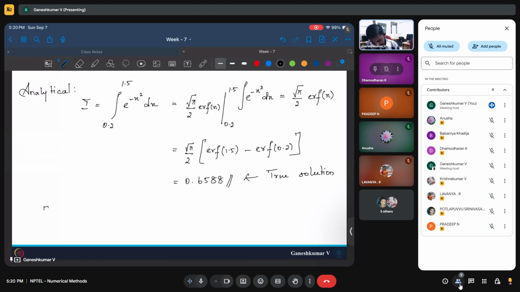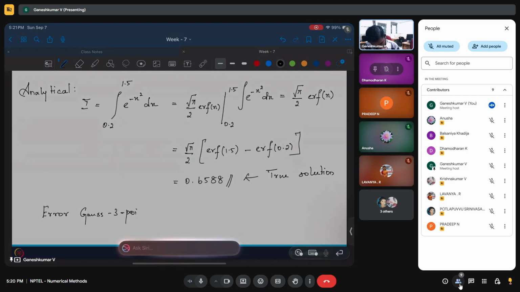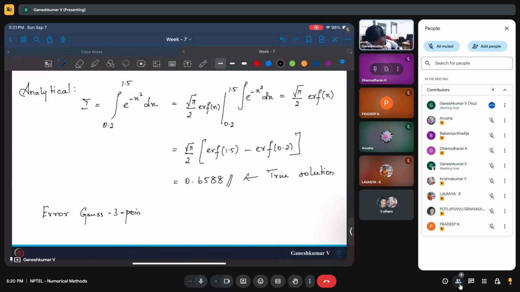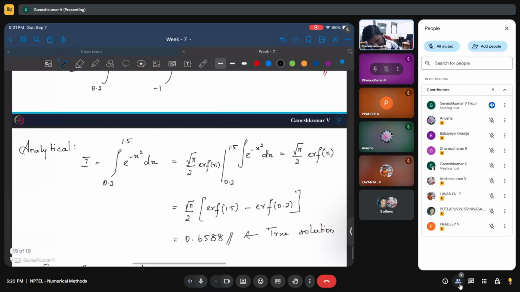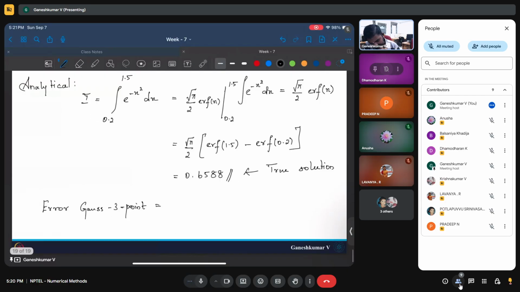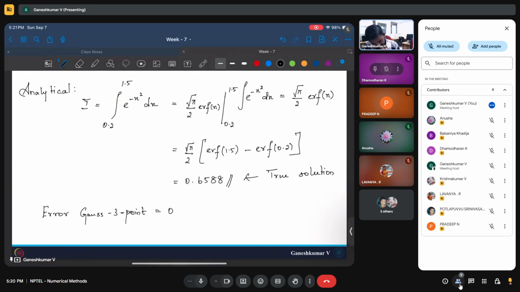So now the error associated with the Gauss 3-point formula for this problem is, what did we get? 0.6586. So 0.6588 minus 0.6586 is 0.0002.